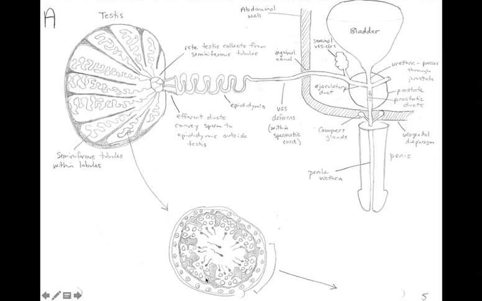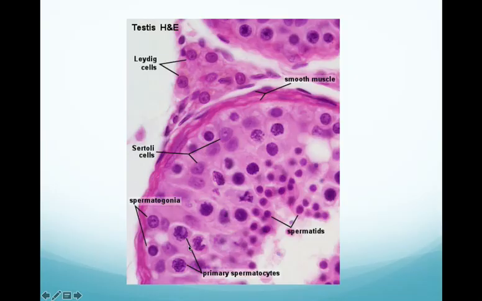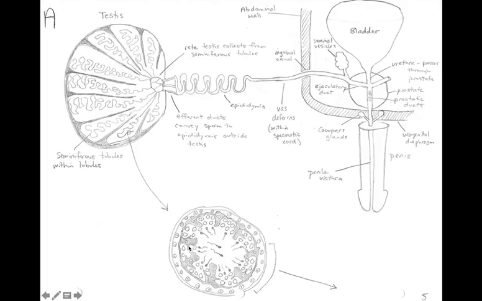Okay, if we blow up the wall of a seminiferous tubule, we can see that it has this structure where the germ cells are on the outside, right? And then there's this layer of these darker cells called Sertoli cells. In general, they're called nurse cells because they're helping with the maturation of the developing spermatocytes.